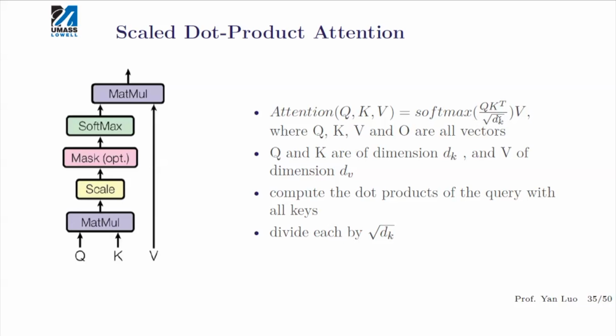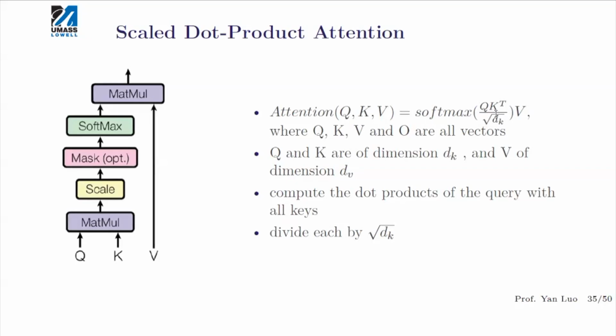It takes the k dimension number, and the square root of that will be used as a scaling factor, because the dot product value can vary in a very large range, which will impact the final output of the softmax function.